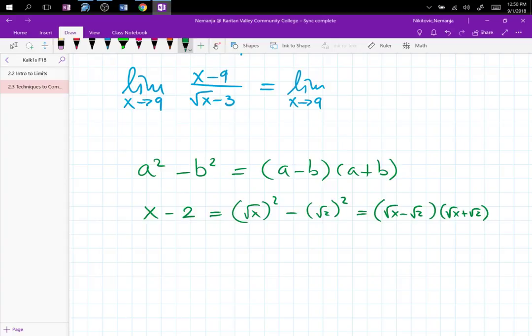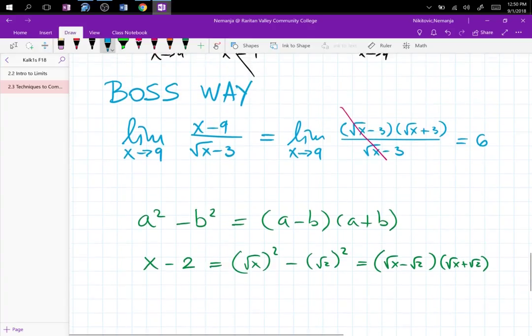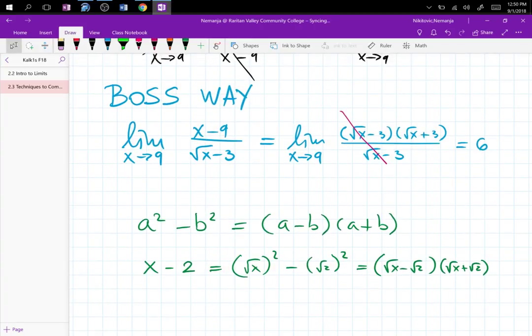So by this token, the top will factor into root x minus 3, root x plus 3, divided by root x minus 3, which is what you have. Those die, and there's your 6. Which is why it's called the boss way.